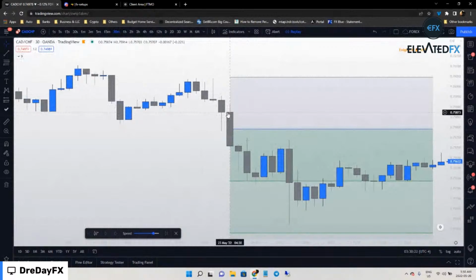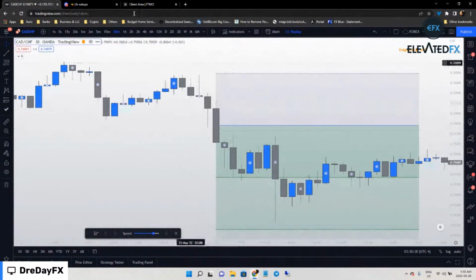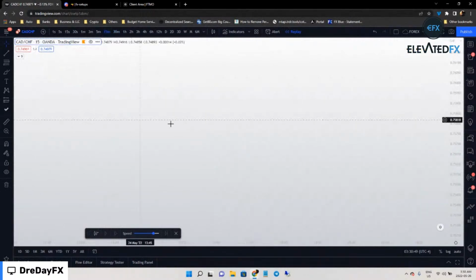So on the 30-minute, you have here the previous 30 minutes, you have this candle. But since it's a big range right there, I will still look at maybe a lower time frame than that.